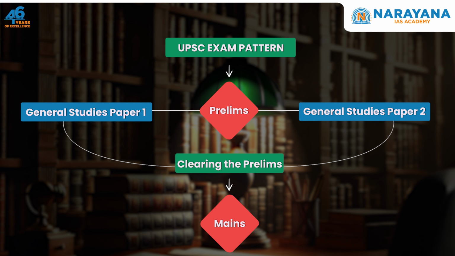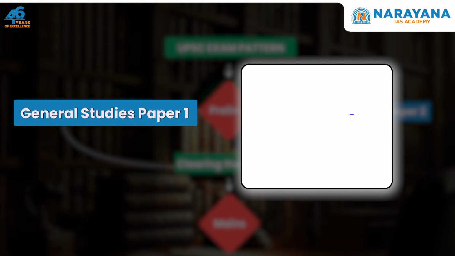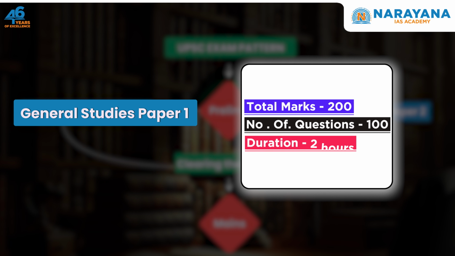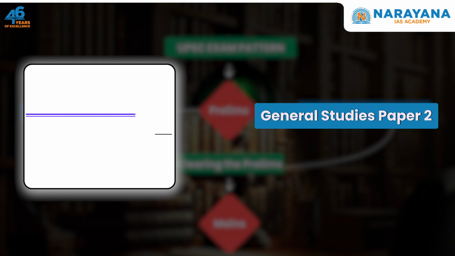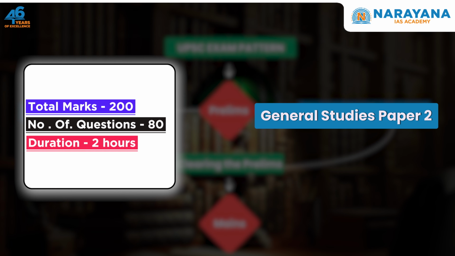Now let us understand the breakdown of the UPSC Prelims exam. General Studies Paper 1, that is GS Paper 1, is worth 200 marks, contains 100 questions and lasts for 2 hours. This paper tests general awareness and is considered for the final cutoff, contributing to the prelims qualification. Then we have General Studies Paper 2, that is CSAT, which is also worth 200 marks, contains 80 questions and has a 2-hour duration.